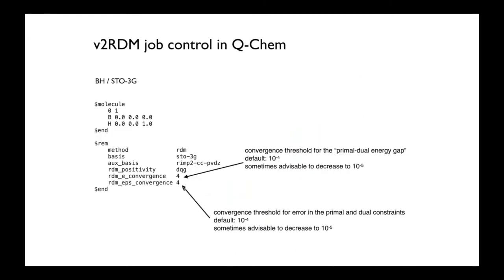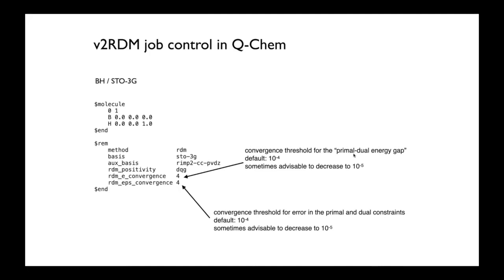If you want to be able to control convergence properties of this method, well, there's many more than this, but I'll just describe these two different convergence parameters, RDM E convergence and RDM EPS convergence. E convergence is an energy threshold convergence parameter that's related to something called a primal-dual energy gap. In semi-definite programming, you can write down a primal or a dual formulation of the problem.